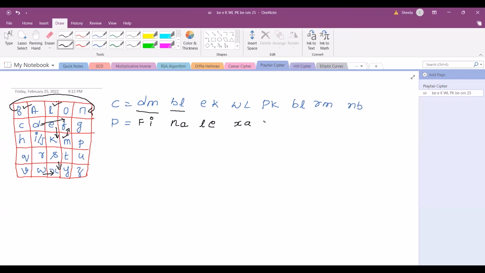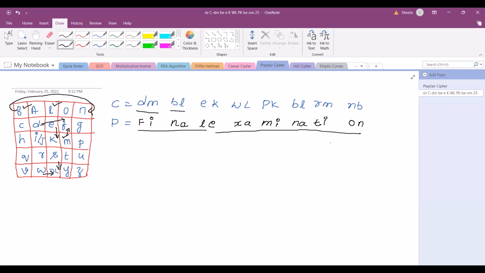So the letter left of P is M, and for K it is I. Similarly for BL it is NA, and for RM, the row of R and column of M is T, and the row of M and column of R is I. And again for NB, they fall in the same row. So for N, the letter to the left is O, and for B, the letter to the left is N. So now we can see that we can decrypt the message properly.